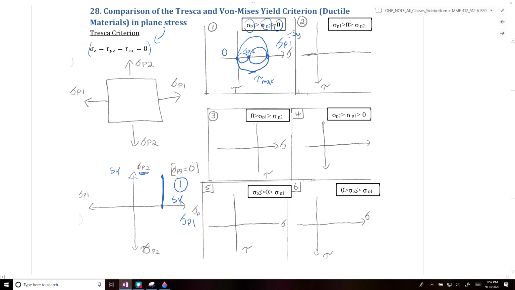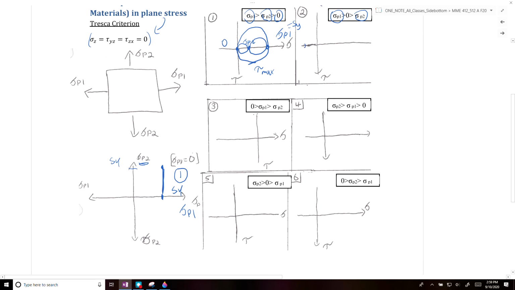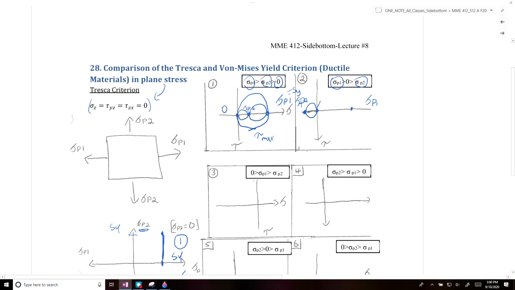All right. So case number 2 occurs when we have sigma p1 in tension and sigma p2 in compression. So in this case, we would have something that looks like this, where this would be our sigma p2, and then our sigma p1 would be here. All right, and then our third principal stress would be at 0. All right, so if we draw our Mohr circles, we end up getting this for our Mohr circle.